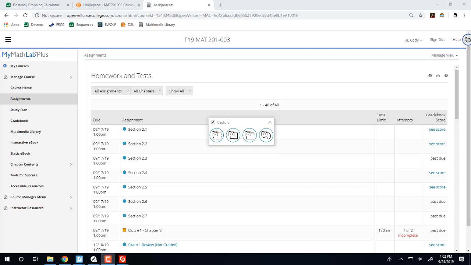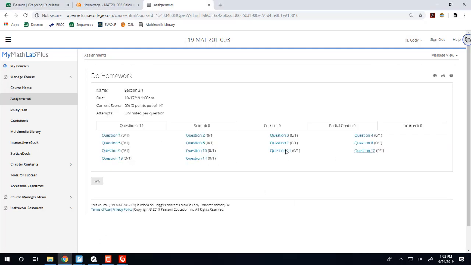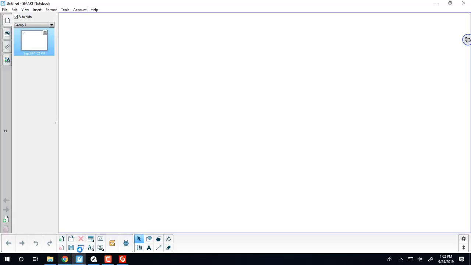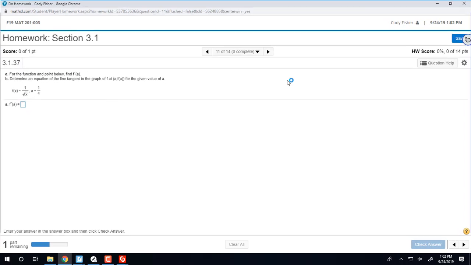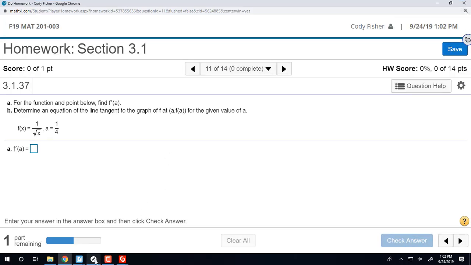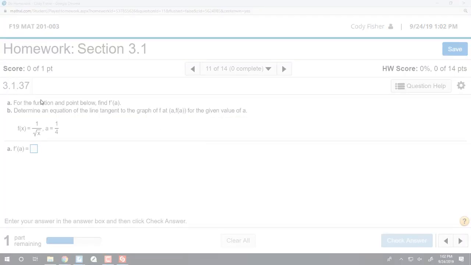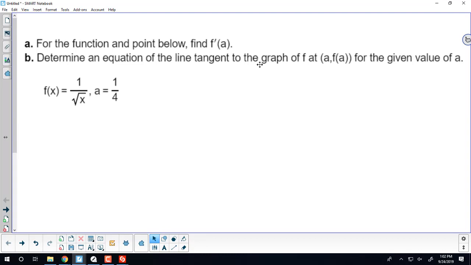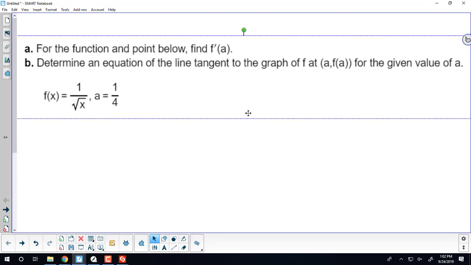Number 11. 3.1, number 11. Okay, so number 11, 3.1's homework.